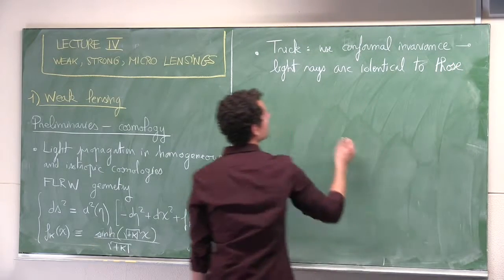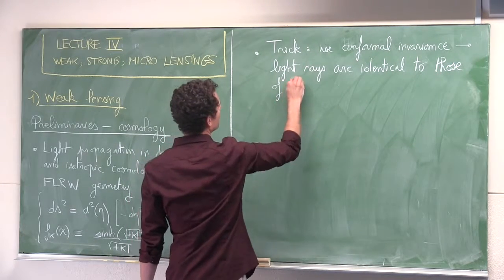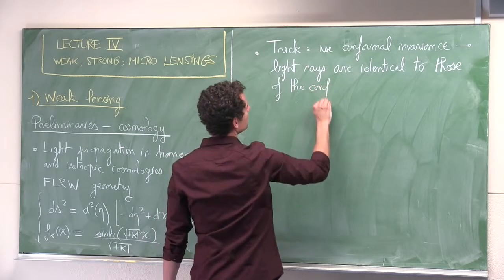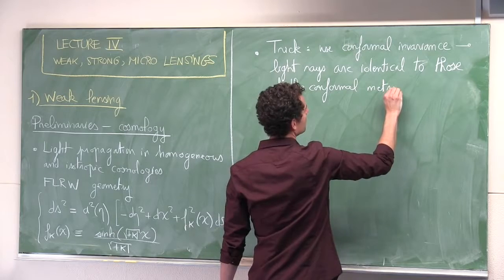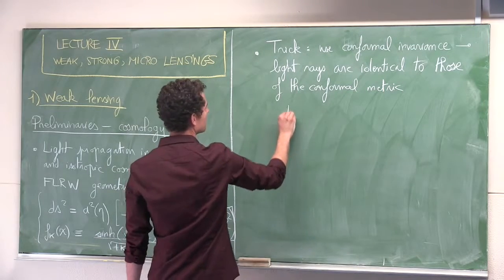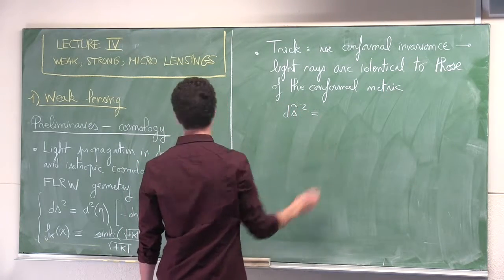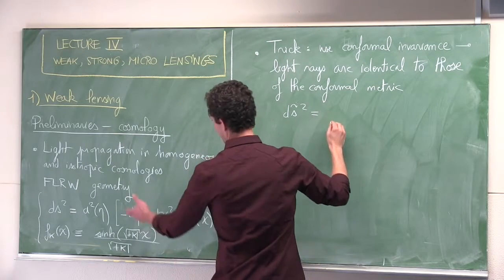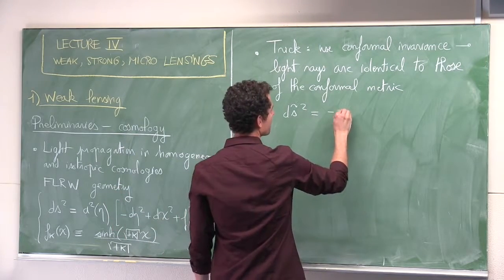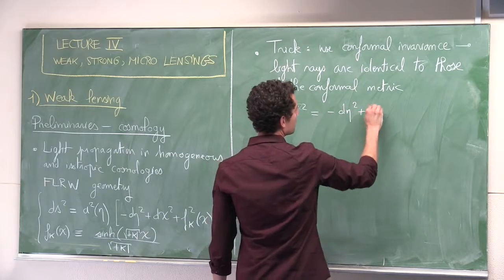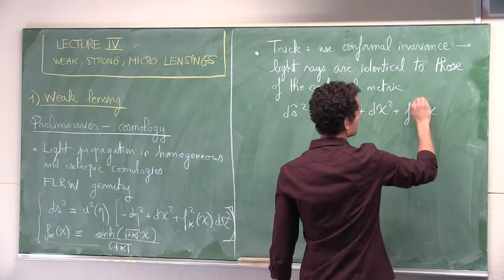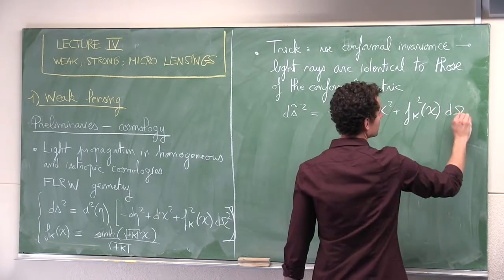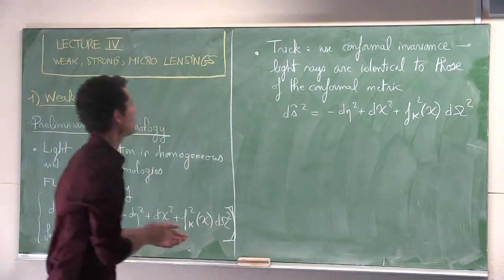So they are the same as those of the conformal metric, ds tilde squared, where I just remove the scale factor. All right.